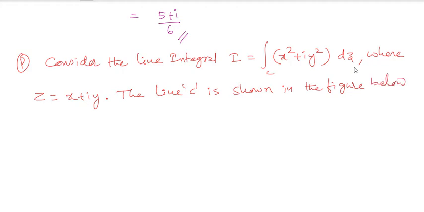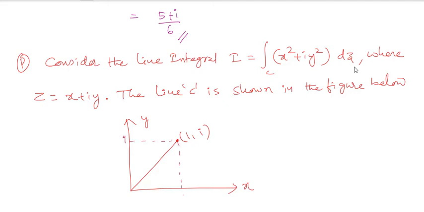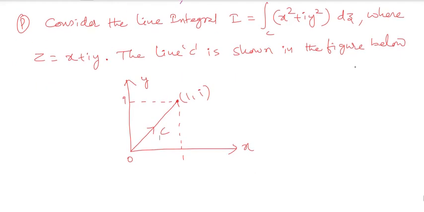So they have given this figure. This is y, this is x, right? The point they mentioned here will be 1 comma i. So this will be your i and this will be your 1, and this is 0. This is your line C, right? This is the path.